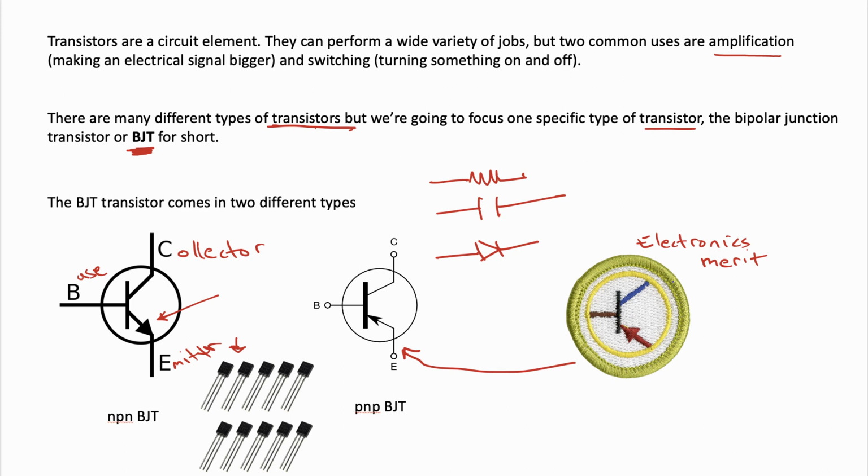And again, to go back to it, the job of a transistor is usually amplification or switching. And I'm just going to focus on amplification, just to make it simpler.